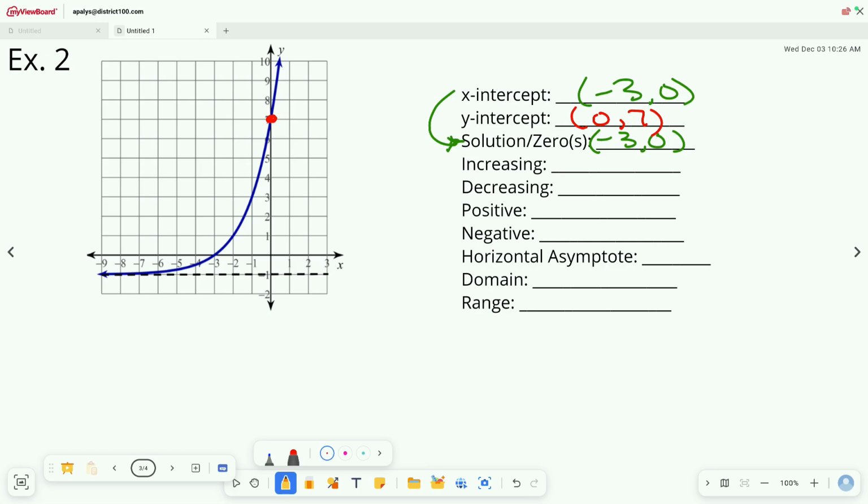Y equals what, honey? This line right here. -1. Y equals -1. Which helps define where our restrictions are for our range. So our range is restricted at -1. Does it go up from there or down from there? Up. So then my range is going to be -1 to +infinity.